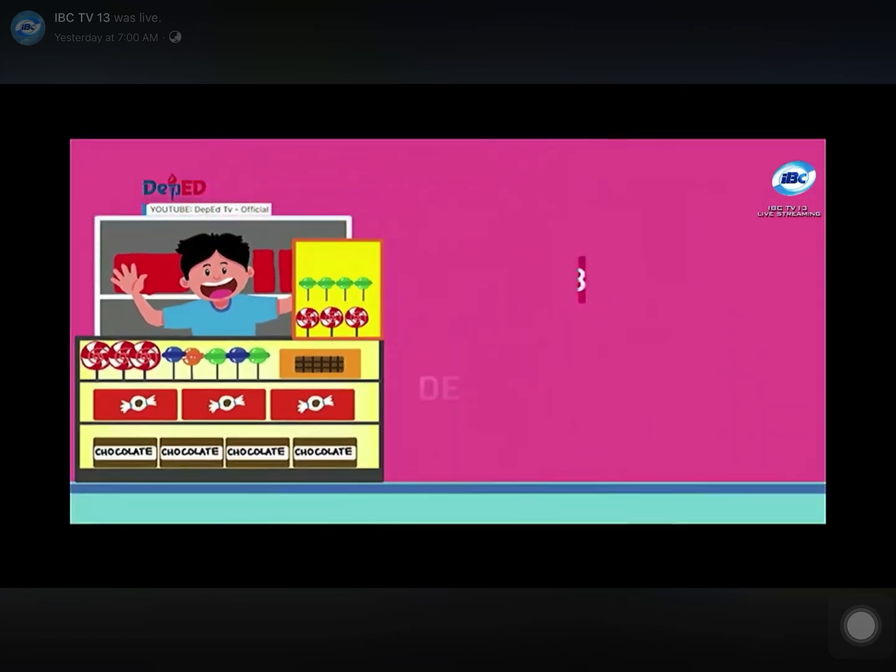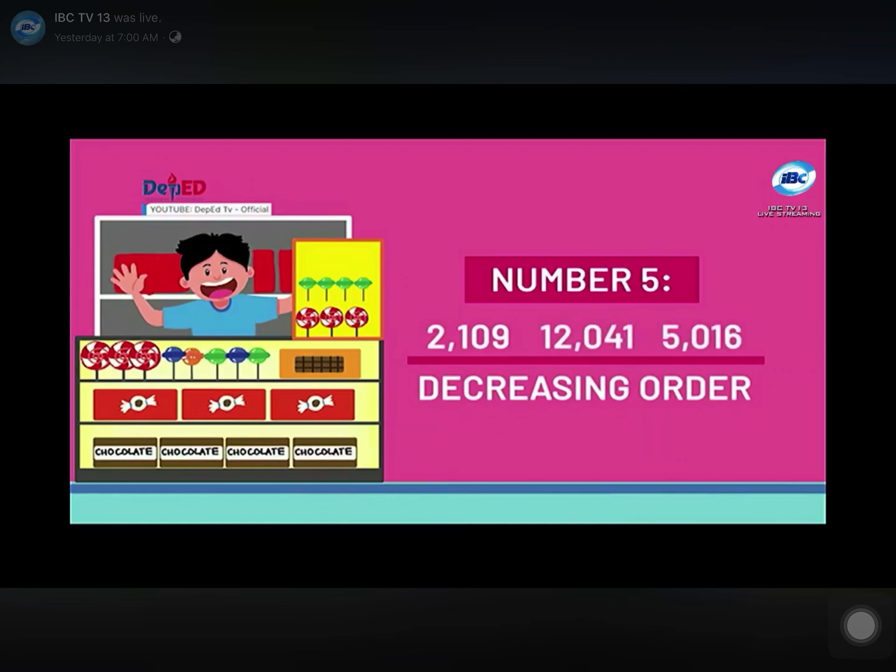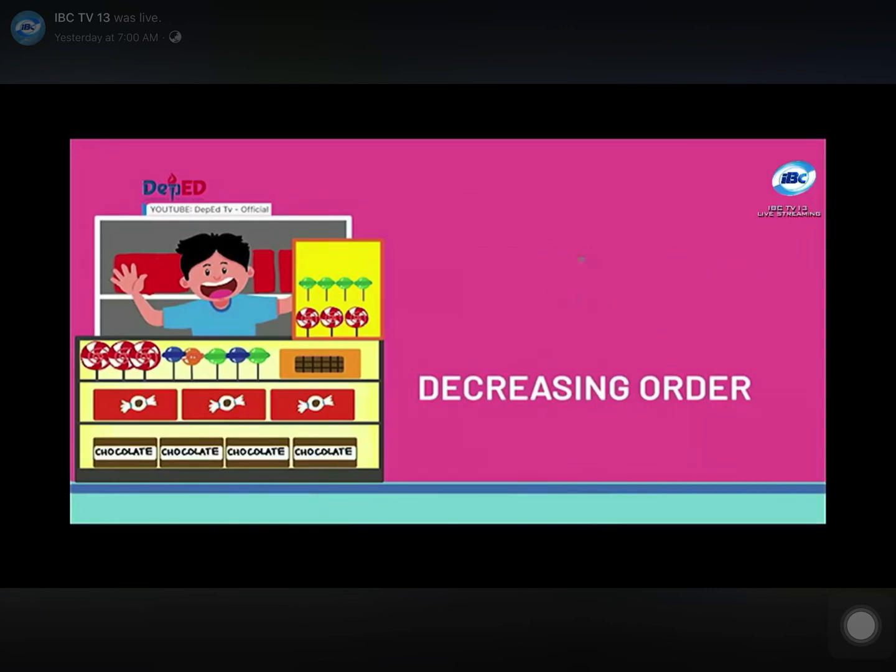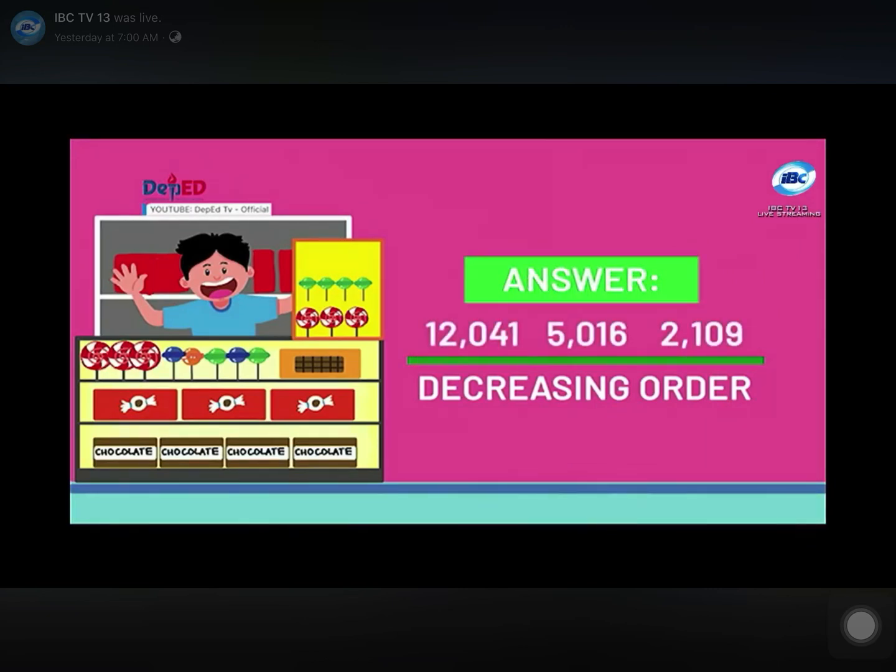Last number: 2,109, 12,041, 5,016. The answer is 12,041, 5,016, 2,109.